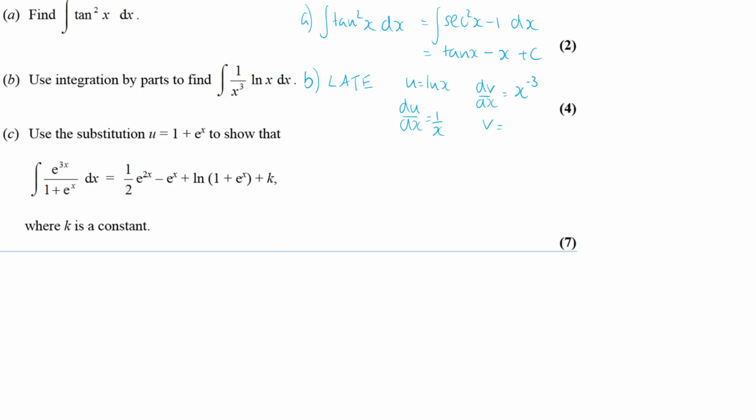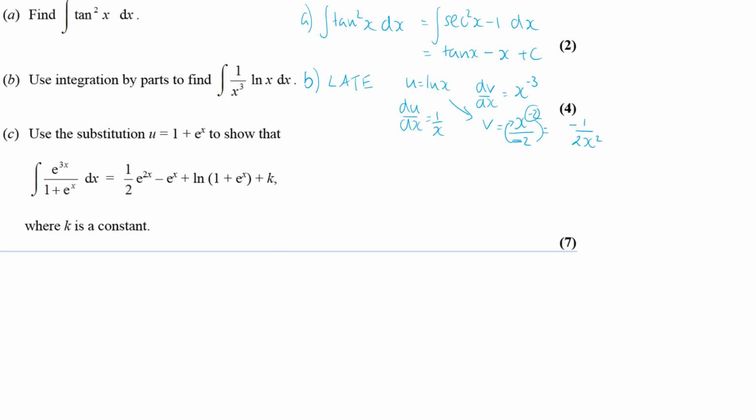Integrate the other. So integrating x to the minus 3, we need to add 1 on and divide by the new power. And then you do get the by parts formula in the formula book, it's uv. So let's put this one as minus 1 over 2x squared. Just tidying up, put that minus on top.